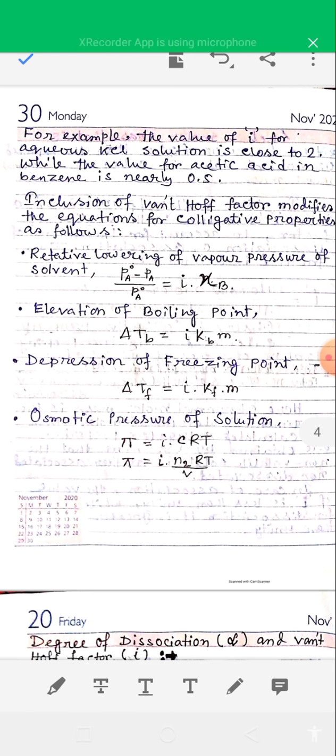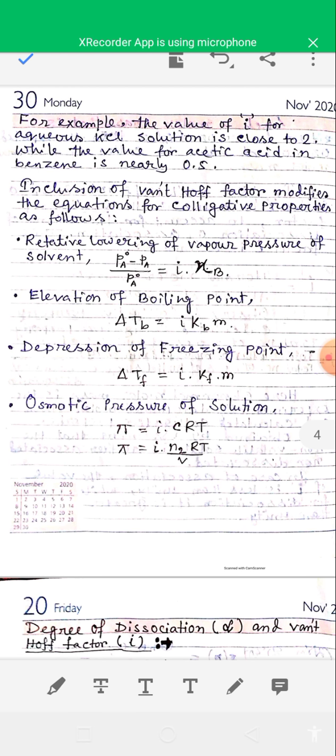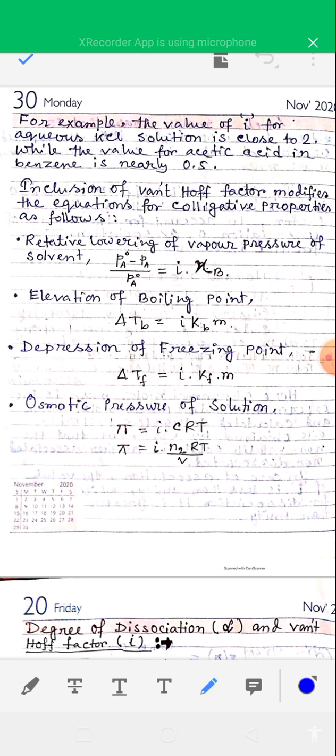Now, in conclusion, inclusion of the Van 't Hoff factor modifies the equations for colligative properties as follows. For a solution of a non-volatile, non-electrolytic, non-associative and non-dissociative solute, we know the formulas of colligative properties like relative lowering of vapor pressure, that is (Pa naught minus Pa) by Pa naught is equal to Xb, the mole fraction of solute, and delta Tb is equal to Kb into m, delta Tf is equal to Kf into m.